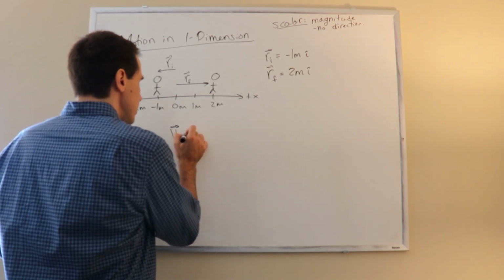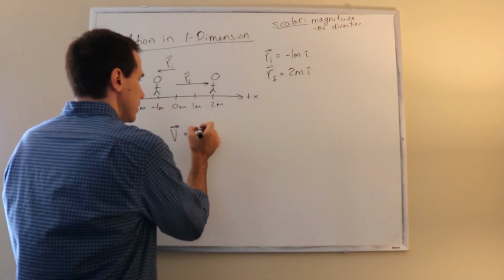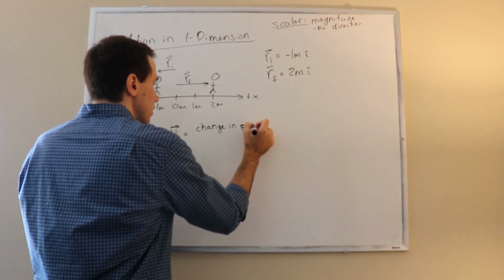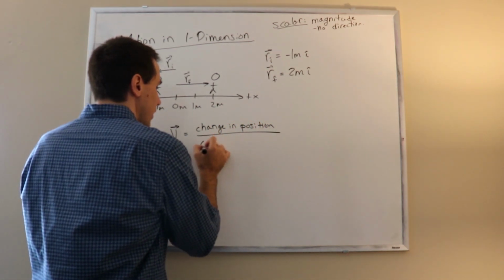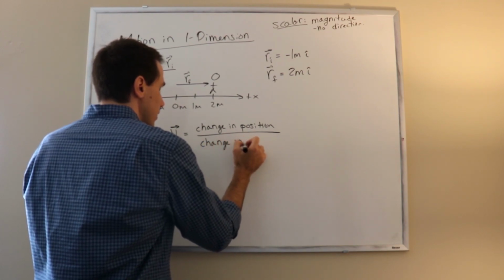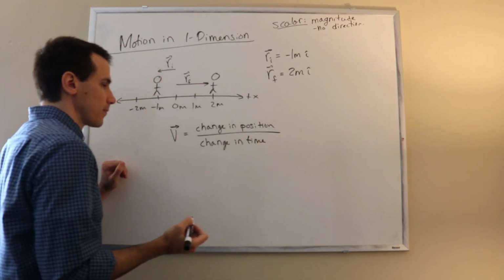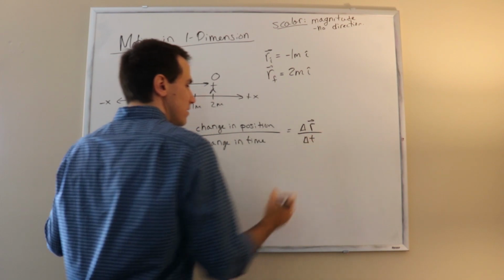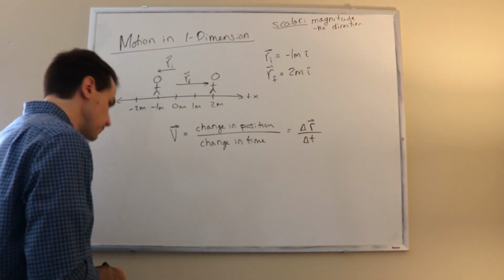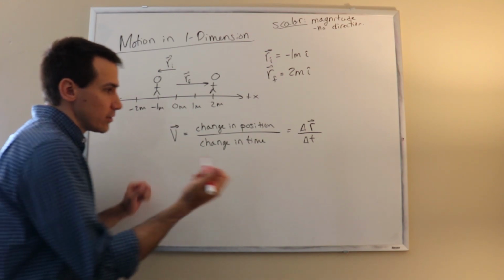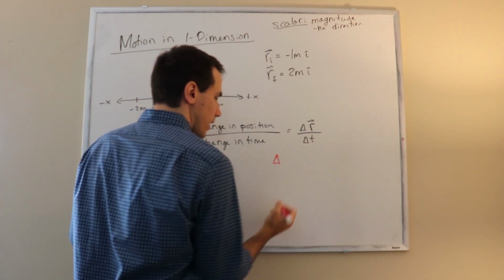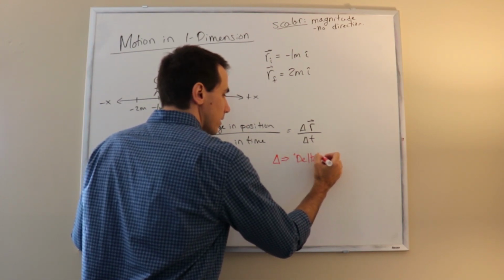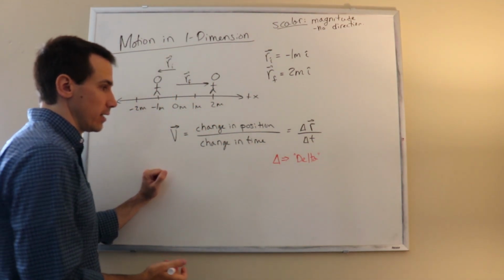Okay, and we define our velocity to be the change in the position divided by the change in time. So mathematically we write that as delta R divided by delta T. So as a note, this triangle is the Greek letter delta, and it means change in.